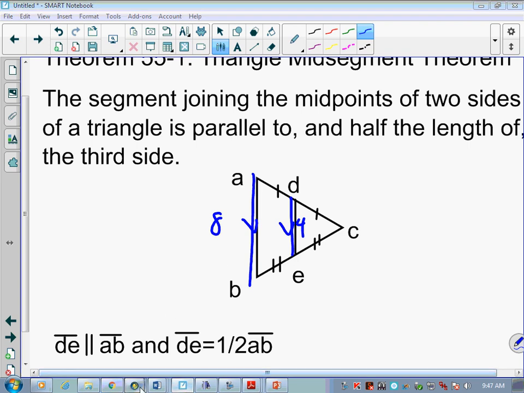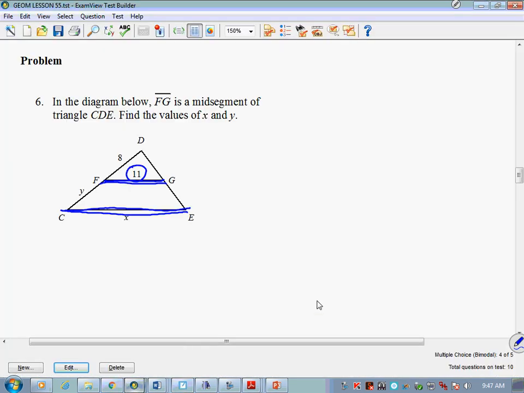Let's come back. If FG is 11, what is CE? What is double 11? 22. Okay, 22 is CE. All right.